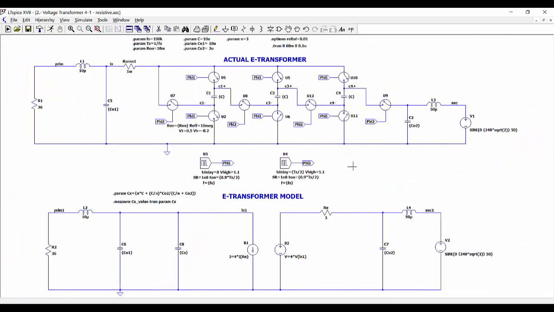Now here we are testing our converter in the other direction. Here we are applying on this side a voltage of 240 volts RMS on the actual circuit and also on the model. And on the other side, on the primary side, we are placing the nominal resistance of 36 ohms and also here.